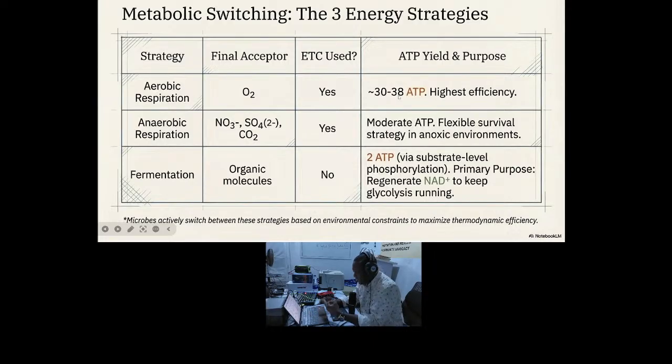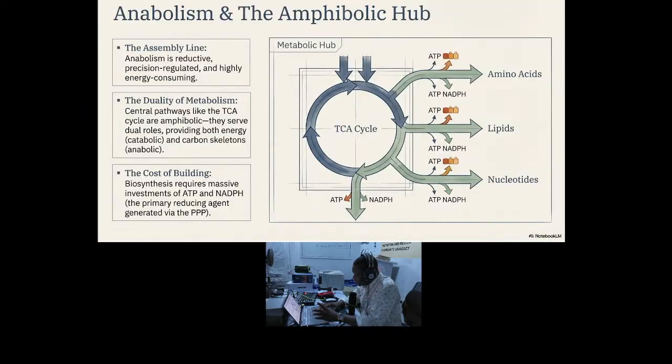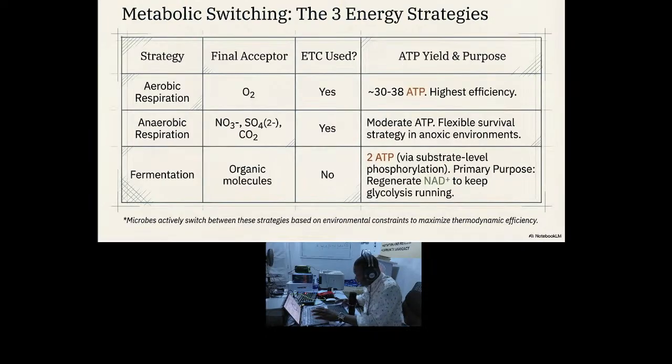This is the highest form of efficiency. That is how the cell, and we are still talking about microbial metabolism, is able to acquire energy. A cell that is able to liberate between 30 and 38 ATP is operating at its highest level of efficiency.